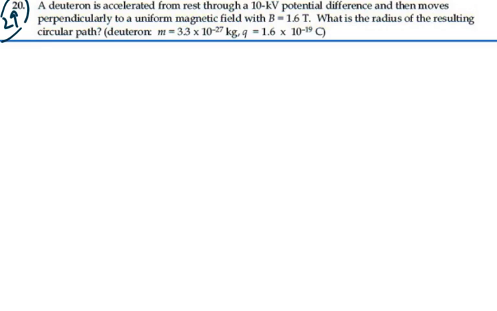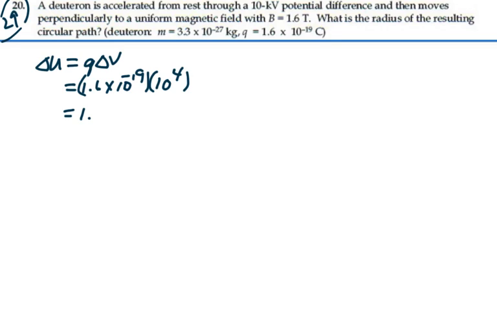Well, the potential energy difference it goes through is equal to the charge times the change in potential, and that's going to be equal to 1.6 times 10 to the minus 19 coulombs times 10,000 volts, which gives us a change of energy of 1.6 times 10 to the minus 15 joules.